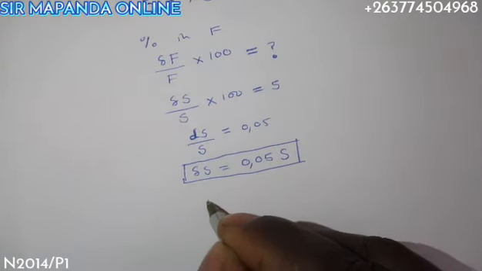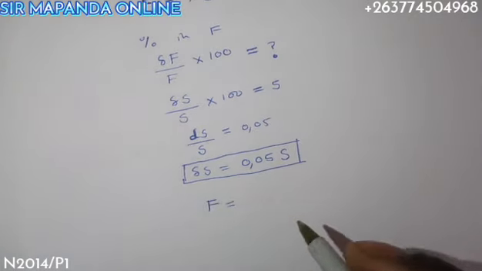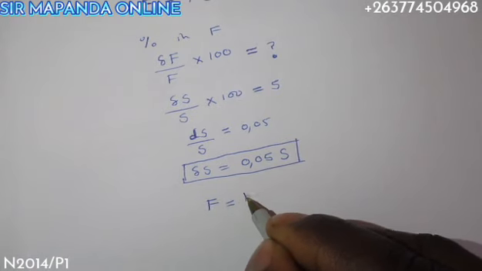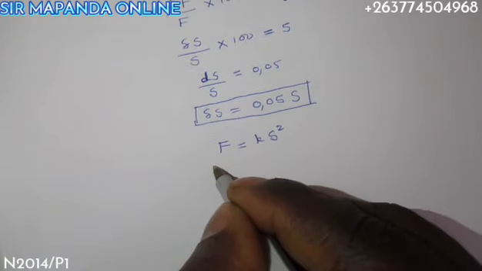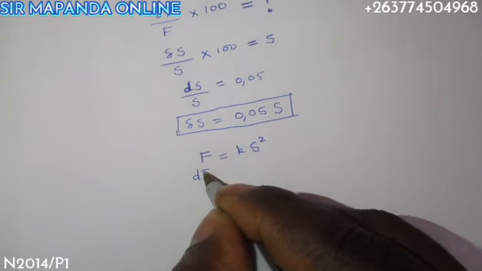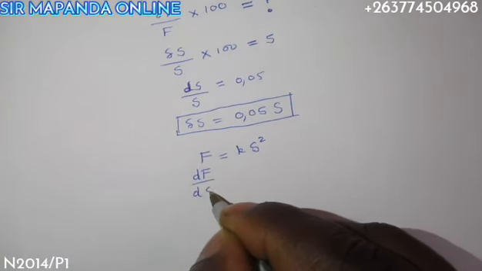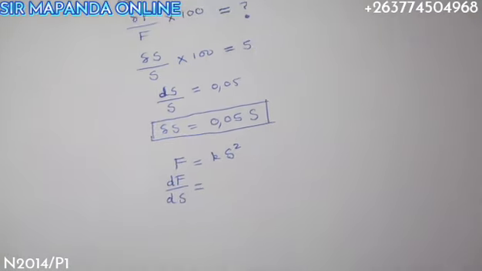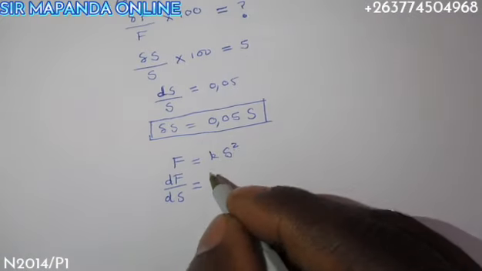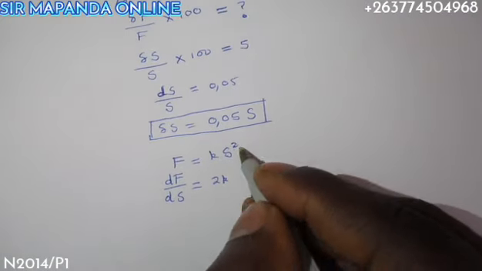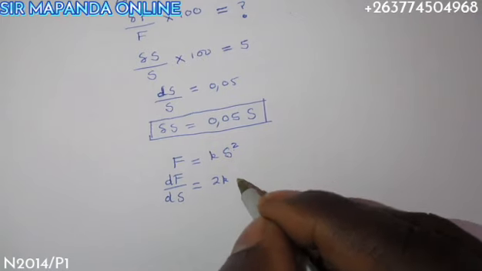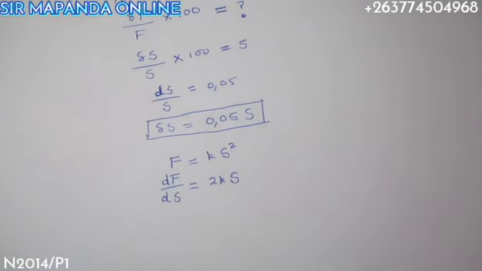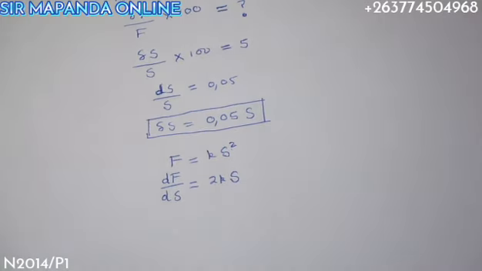Right, then after that you move to the original formula. F is equals to k s squared. Then make use of this formula to find df ds. So 2 times k, you get 2k. Then you less 2 with 1, you are going to be left with s to the power of 1, which is as good as s. So you get 2ks if you differentiate.